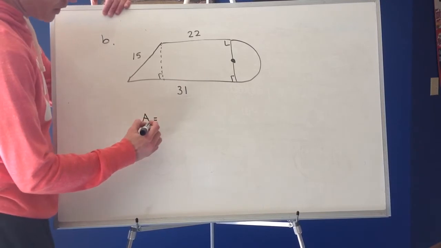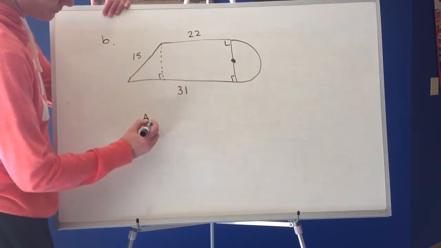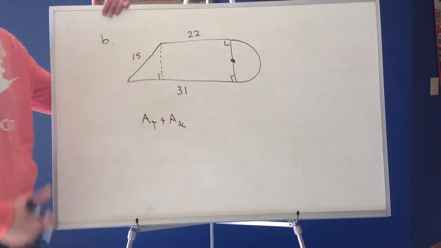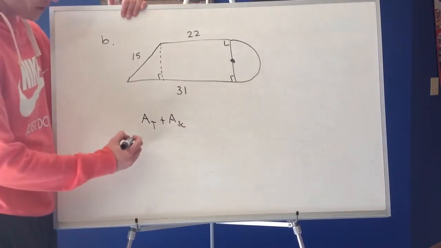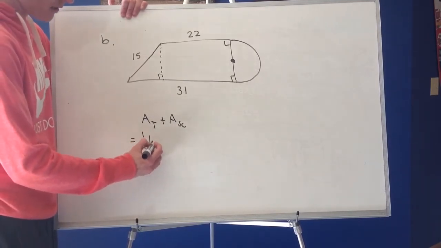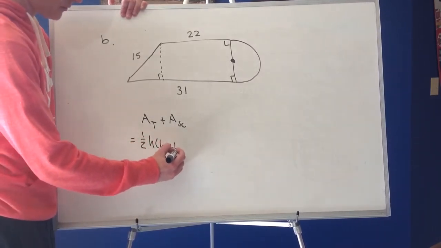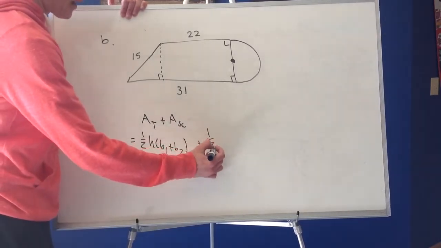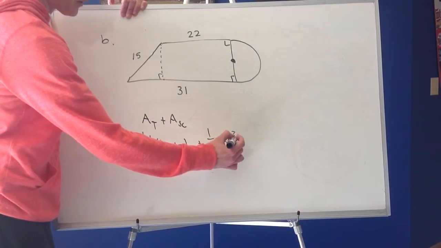So I'm going to do area of trapezoid plus area of semicircle, or half a circle is basically what we'll do. For the area of my trapezoid, that's 1/2 height, base 1 plus base 2. For my semicircle, it'd be 1/2 pi r squared.